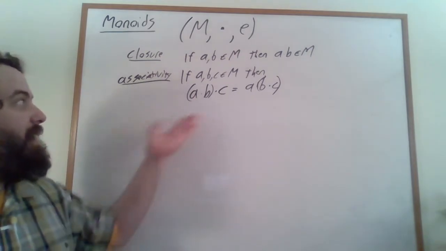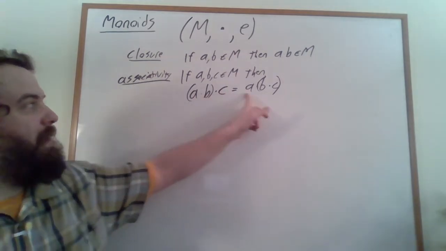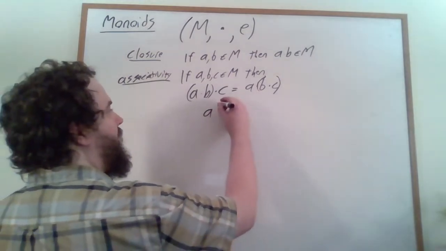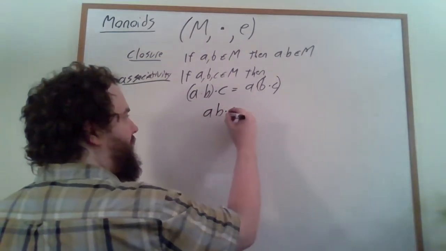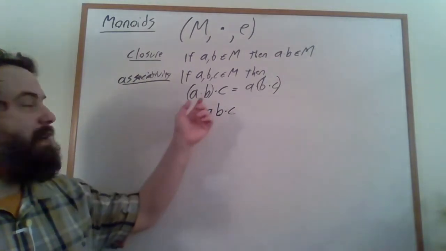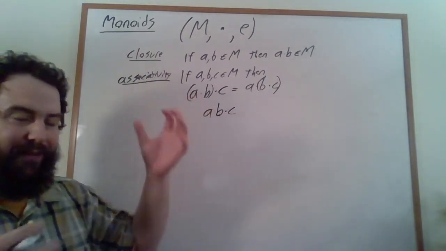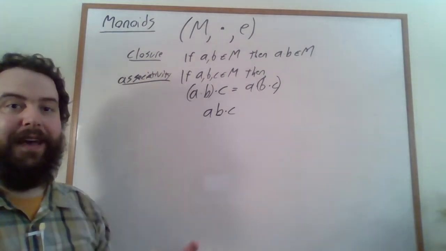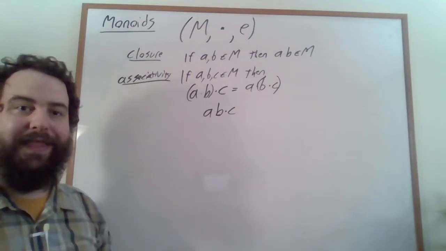So it's really useful to have this be equal to this, because that lets us use the notation A dot B dot C unambiguously, and it means that we don't have to count parentheses. We don't have these formulas that just have tons and tons of parentheses in them, and we have to make sure that we've written them out correctly.